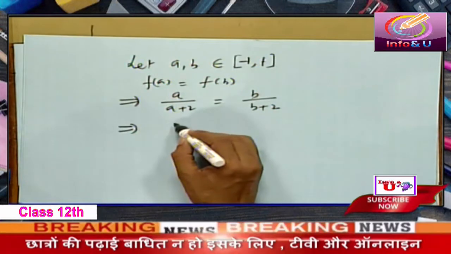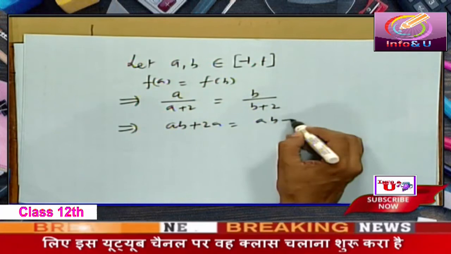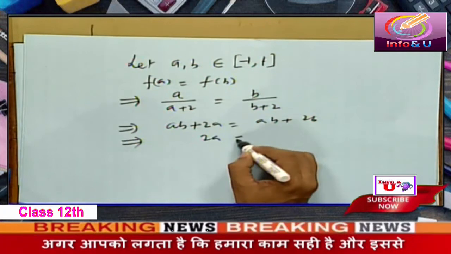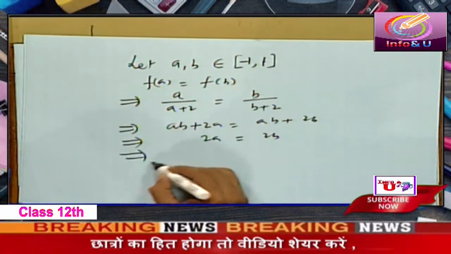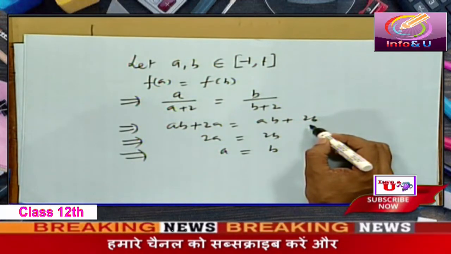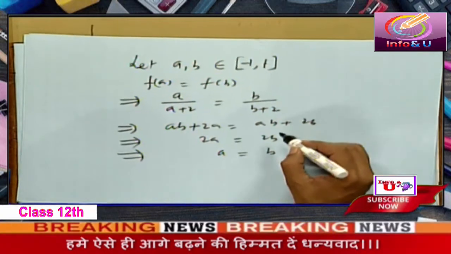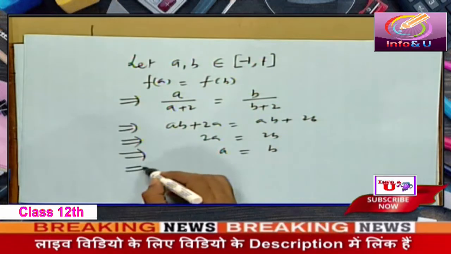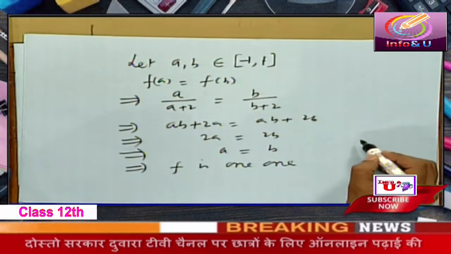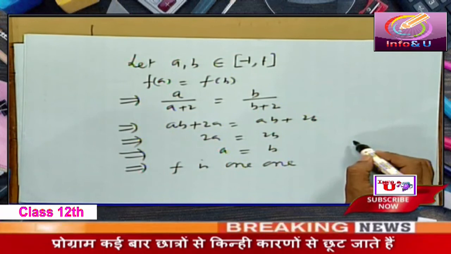This means ab plus 2a is equal to ab plus 2b, and this implies 2a is 2b, and this implies a is equal to b. Thus we see, starting from f(a) equal to f(b), after some implications, finally we get a equal to b, and hence we can say f is 1-1. Thus we have shown that the given function is a 1-1 function.